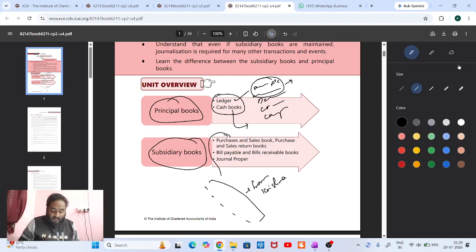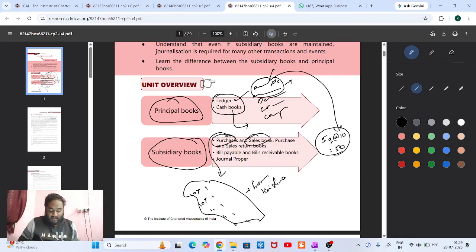The purchase day book tells about this. Here, the purchase account, the purchase ledger, tells about 5 quantity at the rate of 10 rupees each. Okay, so 50. This is what the purchase account in the ledger tells you about. And the purchases day book and sales day book kind of elaborate.